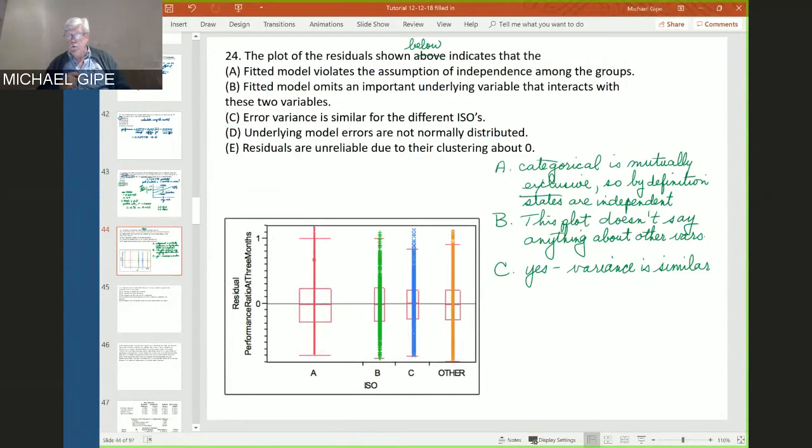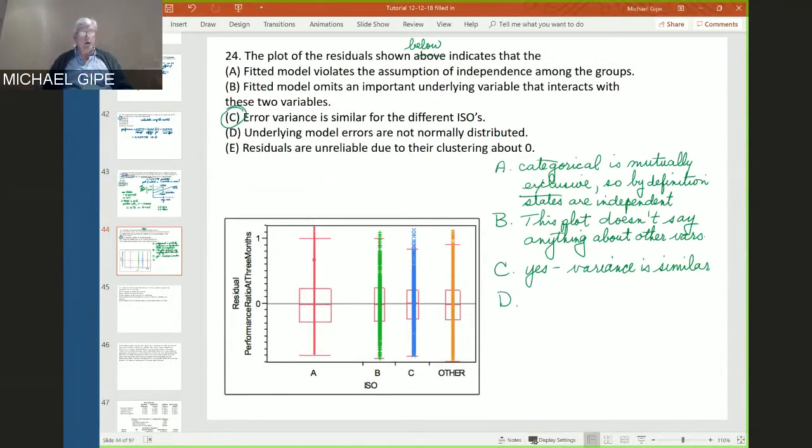You can see that there are a lot more A's than there are others, for example, or C's, but the extent, the distribution is about the same. So the variance is the same. So I would say C is the correct answer, but let's look at D, make sure that one isn't.